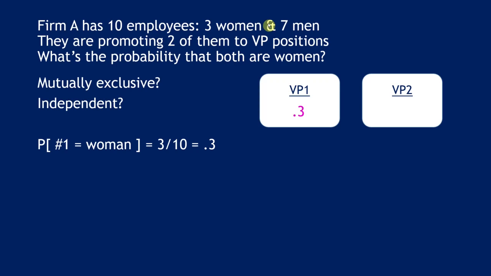So hopefully you can see that the probability of the second VP promotion has changed from 0.3 because of VP1. In other words, these 2 events actually affect each other. Whatever happens with the first one will change or determine the probability of the second one. In other words, the probability of VP2 depends on VP1, and therefore these 2 things are dependent on each other. They're no longer independent of each other.